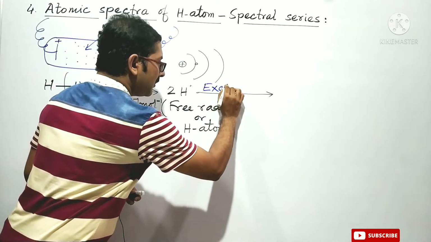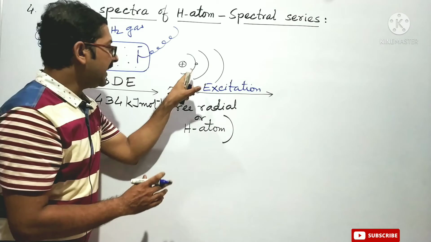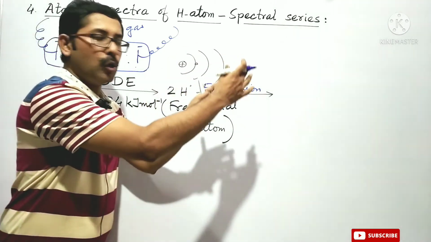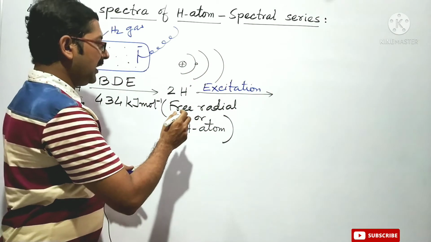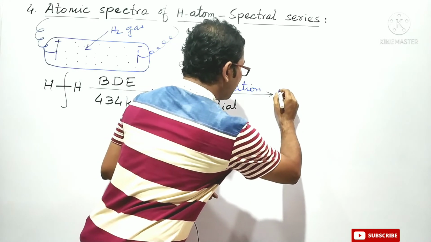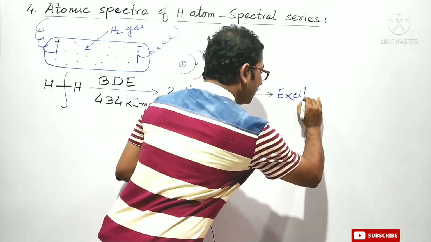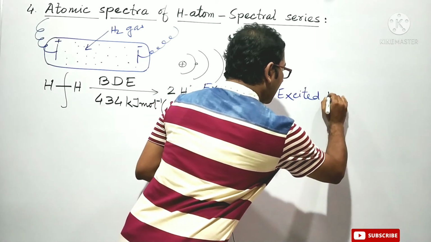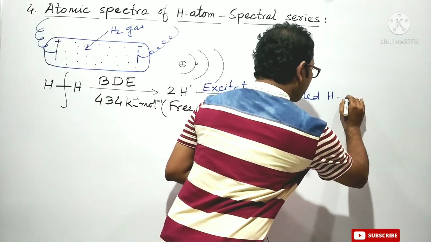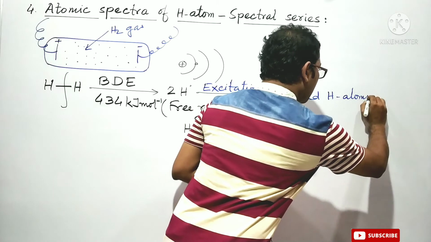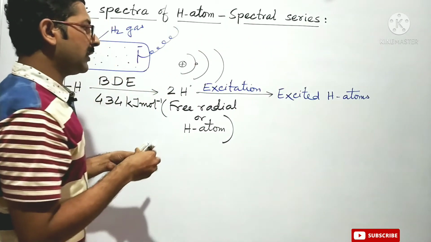Excitation will occur. So the electron of the hydrogen atom will go to the outer orbits, and it will produce excited hydrogen atoms. Okay, and this is very important.